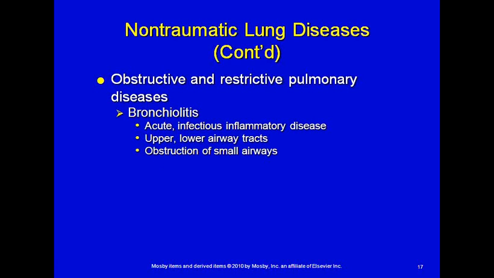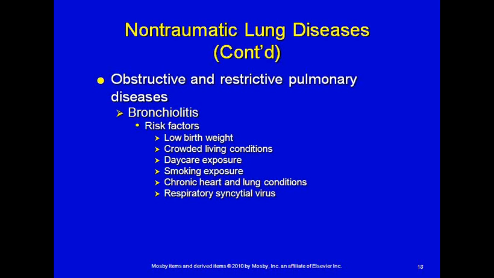Bronchiolitis is another form of obstructive and restrictive pulmonary disease. It's an acute, so a sudden, infectious inflammatory disease. It can involve both the upper and lower airway tracts, and it's the result of obstruction of the smaller airways.